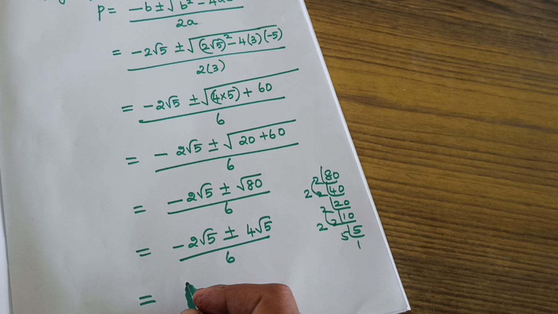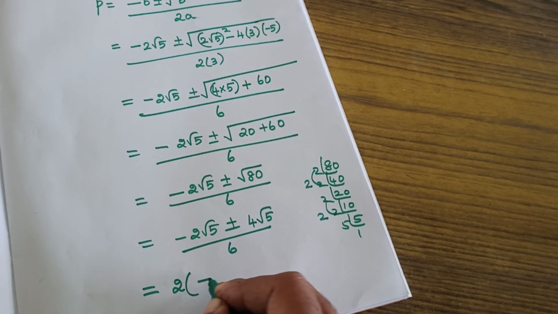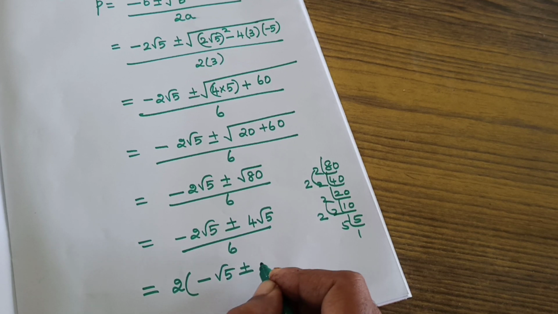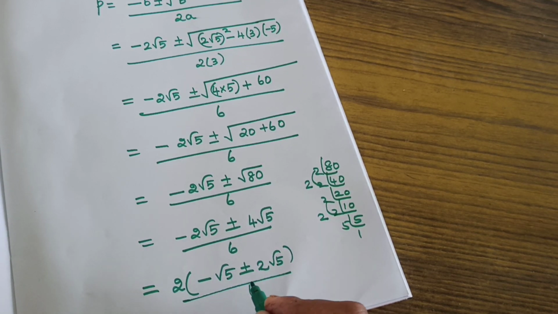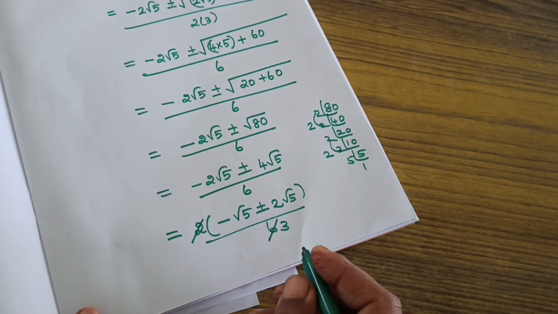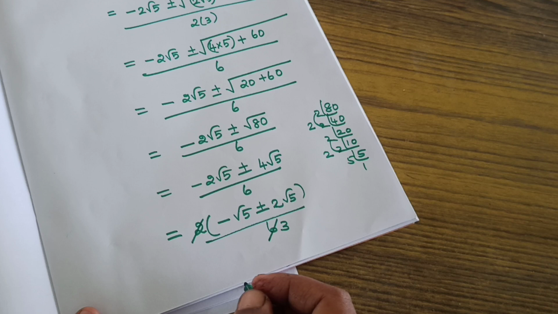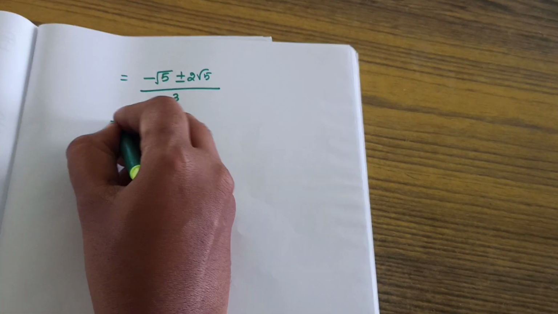Which term can we take common outside? 2 we can take common outside, no? So 2 minus root 5 plus or minus 2 root 5 by 6. This 2 and 6 gets cancelled, 3. Then just split this into two terms.